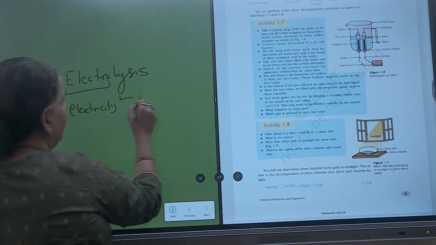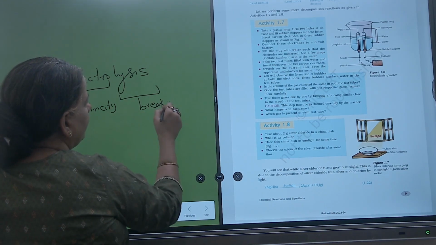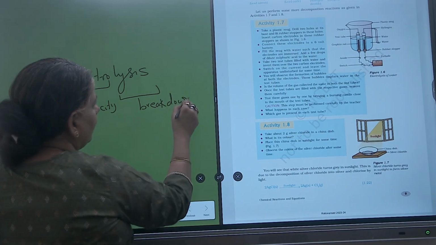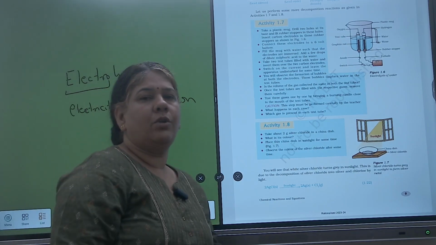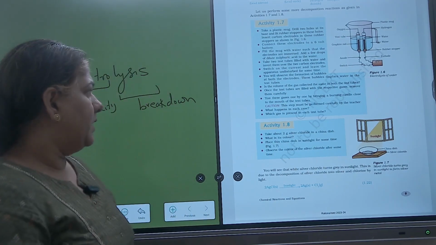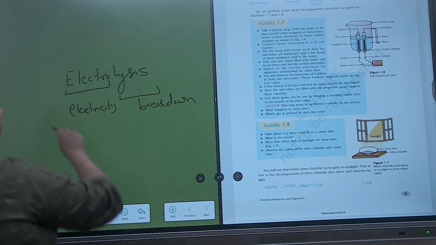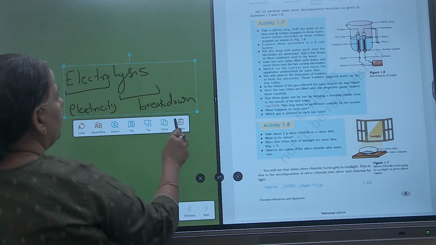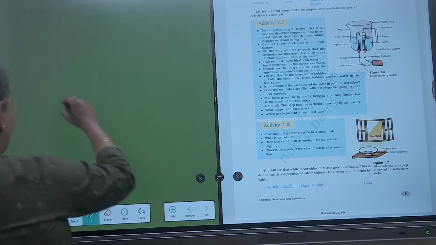And lysis means to break down. Hence the name electrolysis. So we are breaking down water molecule by passing electricity. Hence the name electrolysis of water. So let's write down the equation first.